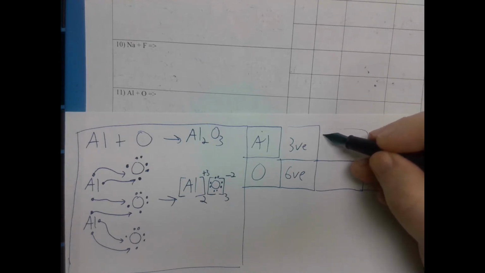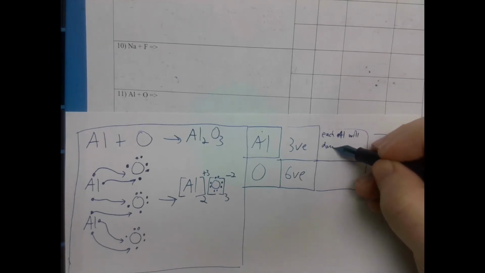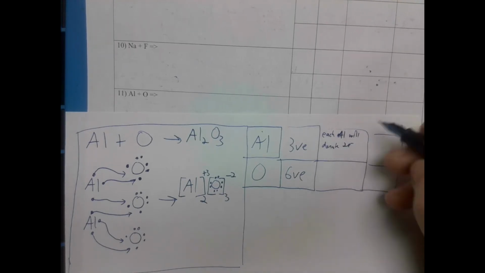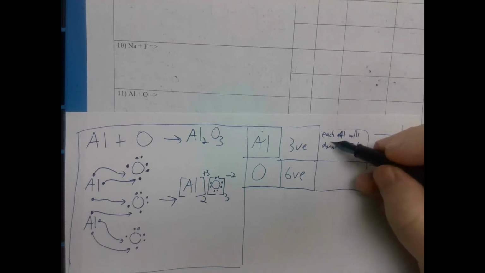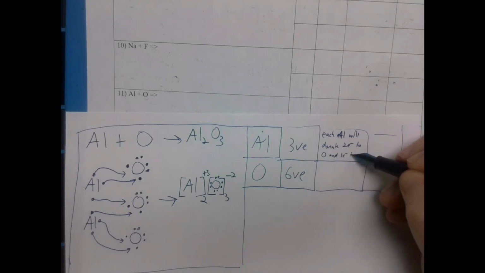How would you word this? Each aluminum will donate 2 electrons to 1 oxygen and 1 electron to another.